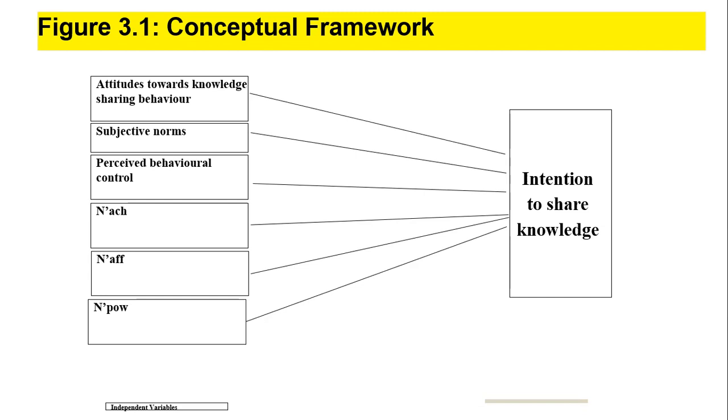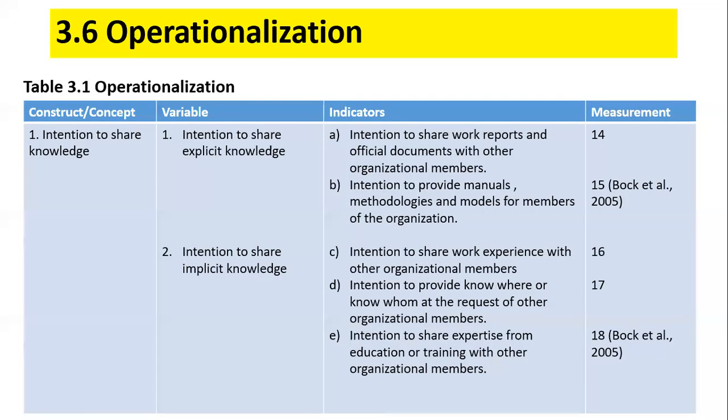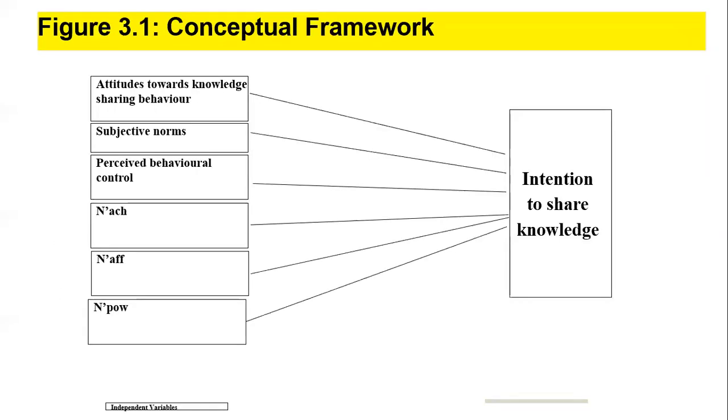So this is very important in your research. You have to have a table, right? Looking at the key constructs. So look here, I use first the dependent variable in the model, intention to share knowledge. But you can't measure it just like that. What are the measurements? What are the indicators?